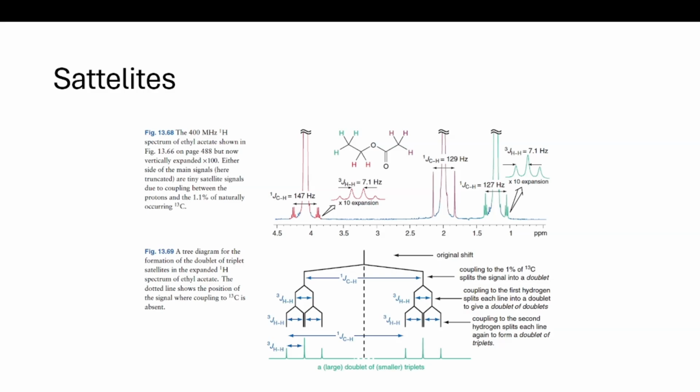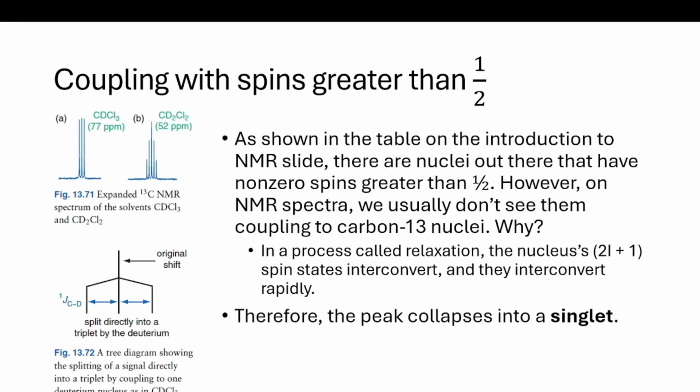And we can see that we even get these satellite peaks from splitting. Now, what I described when I talked about fluoroacetic acid was coupling between the carbon-13 nucleus and the fluorine-19 nucleus. However, what if I take fluorine and replace it with something that has a non-zero spin greater than 1/2?